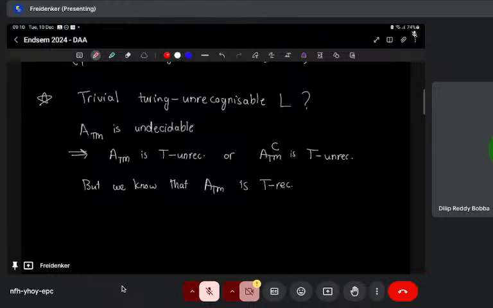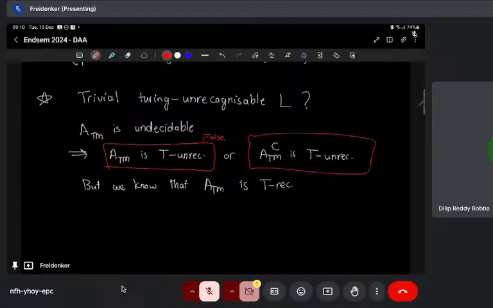It means this is a false statement, and if this is false, then to make this entire OR true, this has to become true. So that would mean ATM complement is Turing unrecognizable.